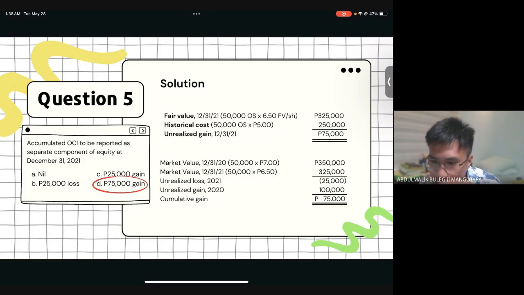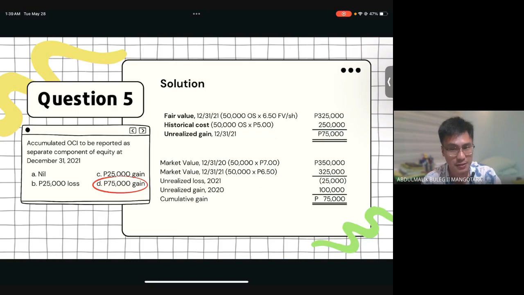So next, comparing the market values between 2020 and 2021 results in an unrealized loss of 25,000 for 2021, as the market value in 2020 exceeded that of 2021.